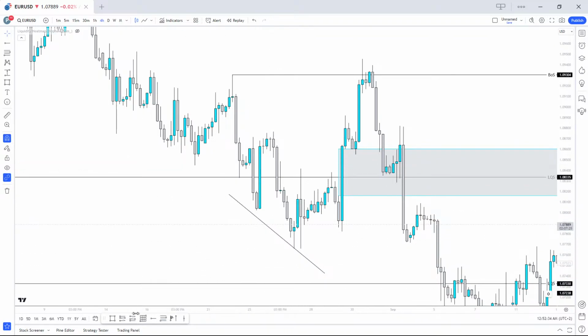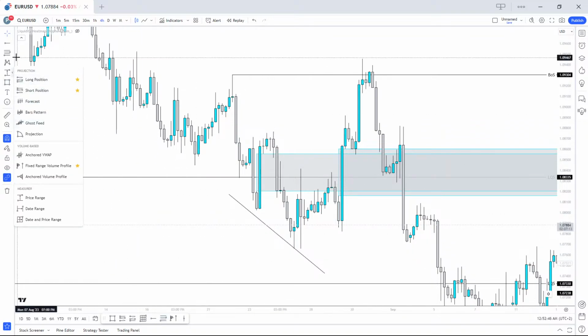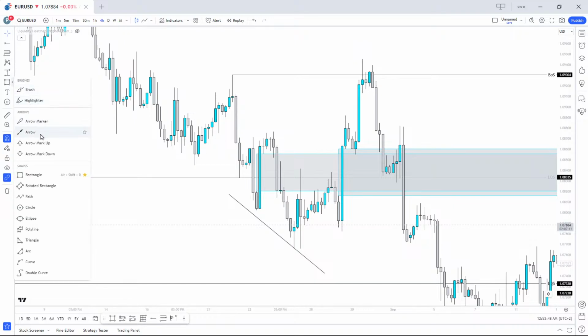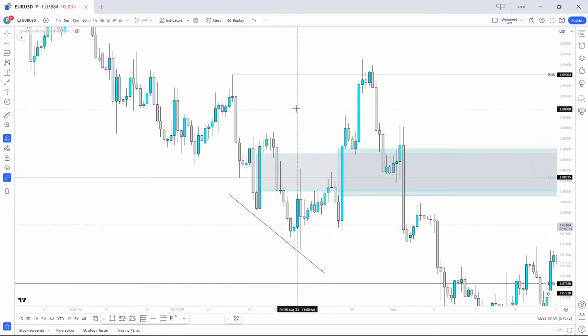This is a fair value gap, and it failed to make a reaction and actually pierced through the fair value gap. Where is my arrow? I need you right now. Okay, I can mark this up. Failed reaction. Failed reaction.